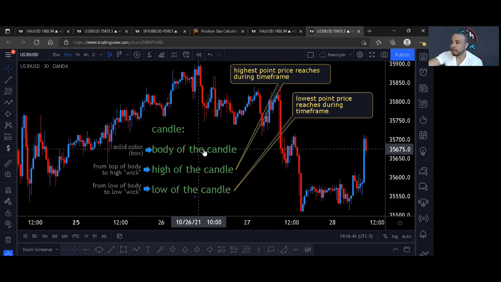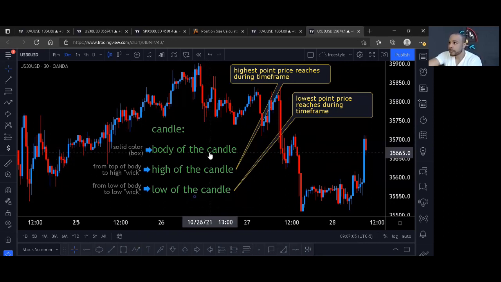So we have the body of the candle. The body is important because the body is telling you where the market was able to hold price. This is the actual movement where the market held price and it closed and printed a candle, creating a solid rectangle, a solid body.